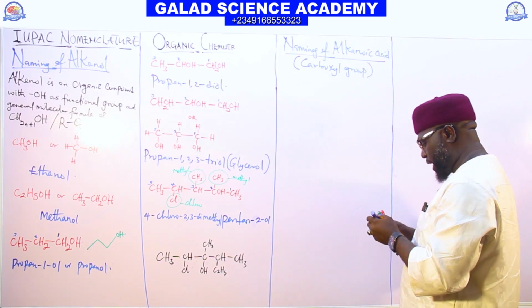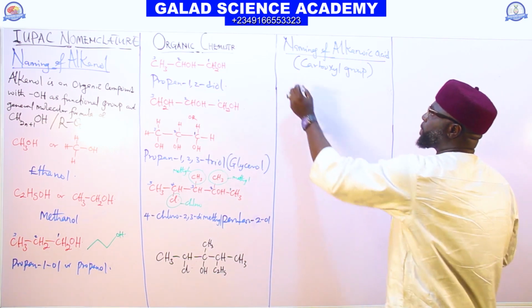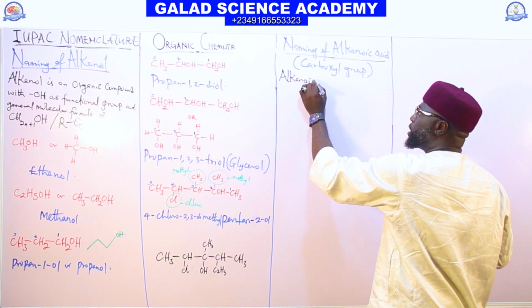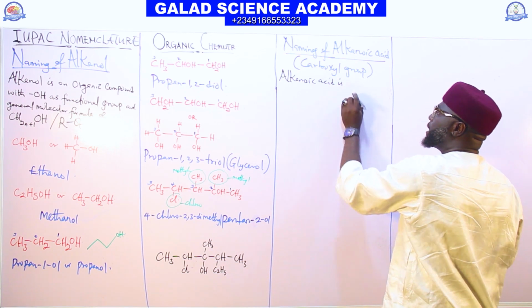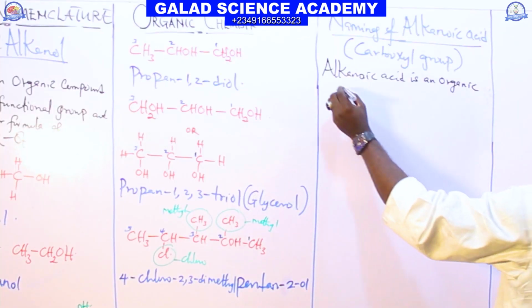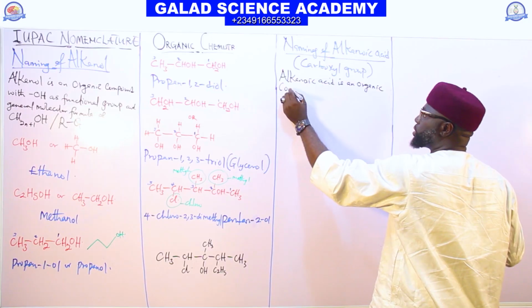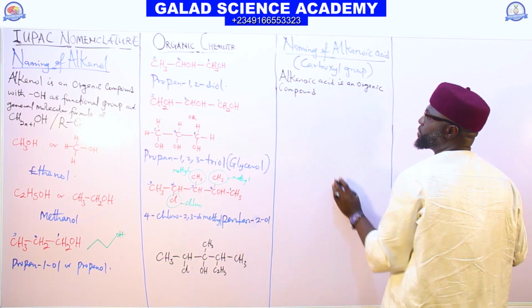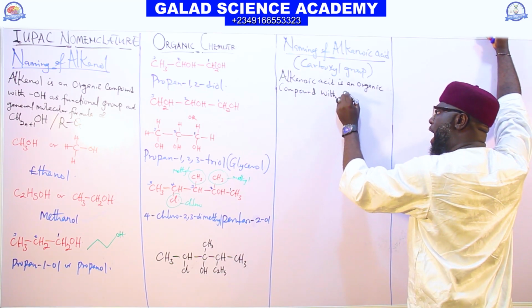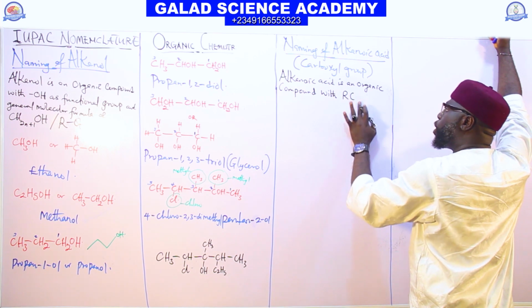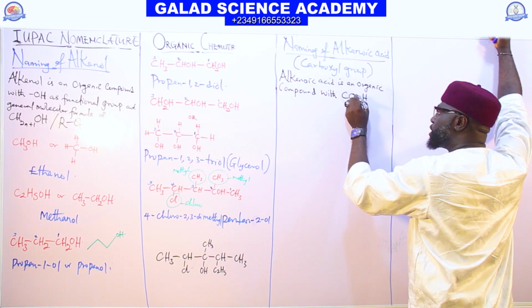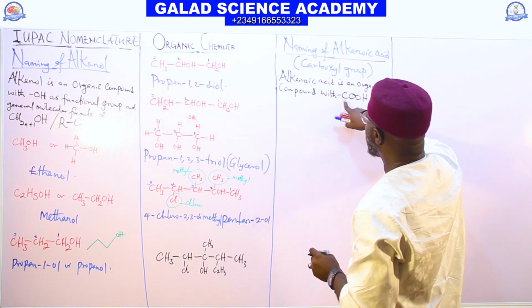So the alkanoic acid, or carboxylic acid, is an organic compound with COOH.